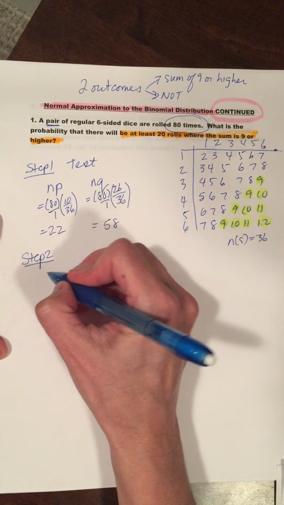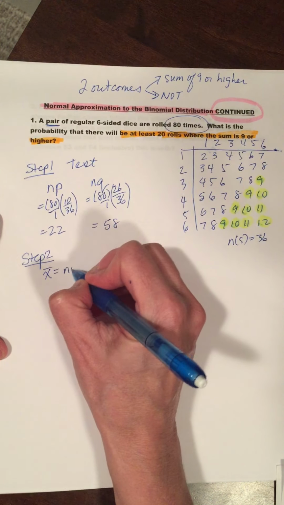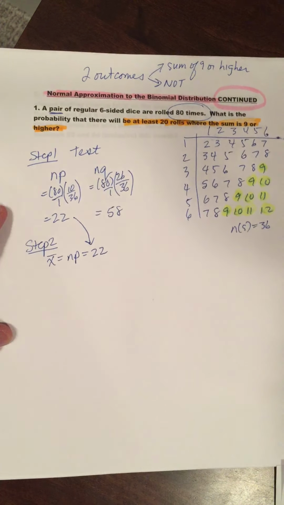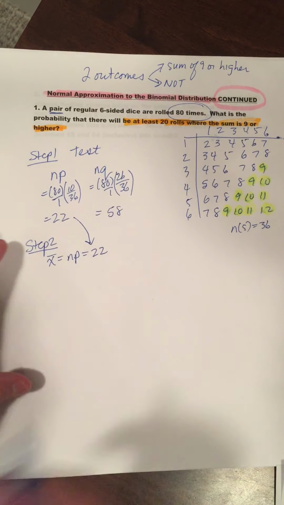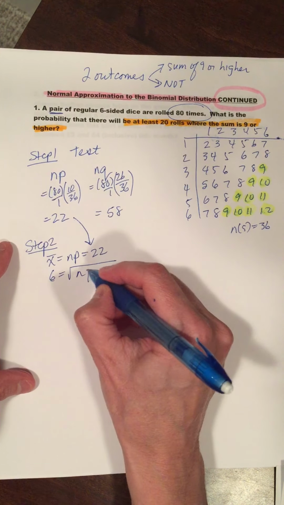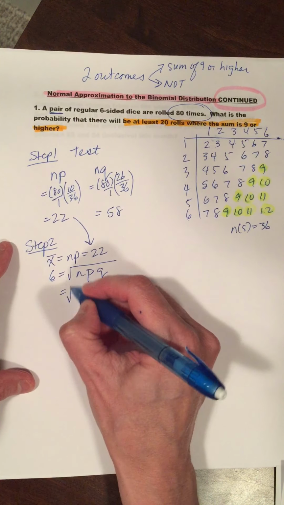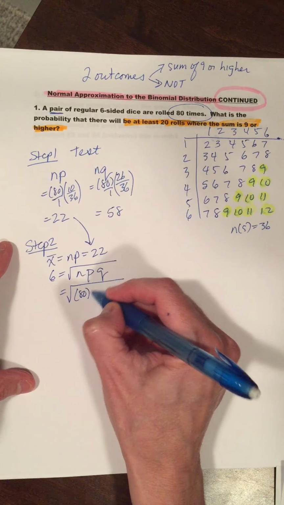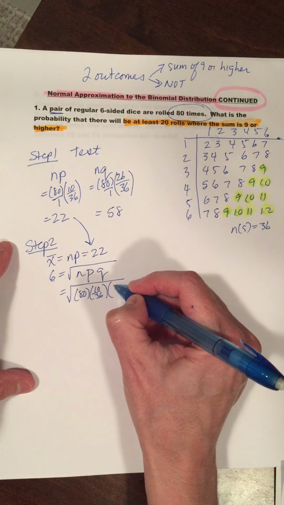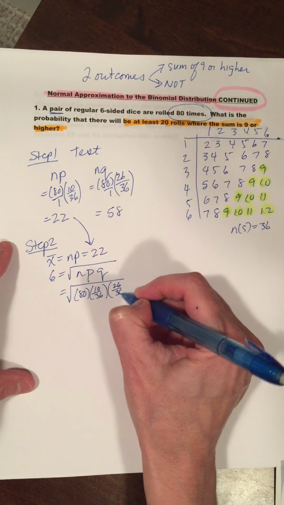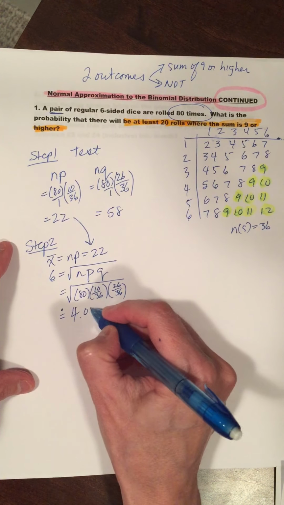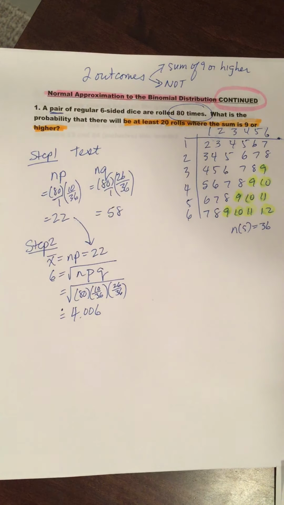Step 2 says, please calculate your NP. You've already done that, so save yourself a little bit of work. And please calculate your sigma, which is the square root of 80 times 10 over 36 times 26 over 36, all square rooted, 4.006.